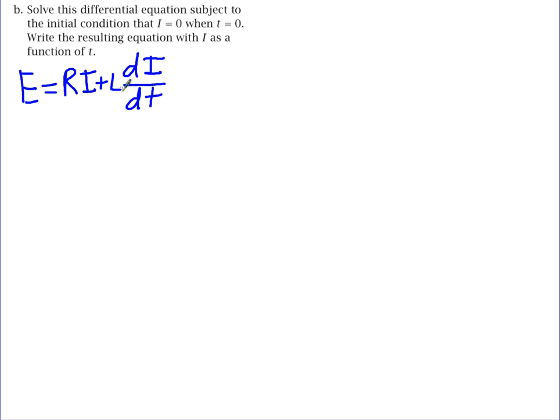Now we want to solve this, and the only tool we really have right now is separation of variables. So I'm going to take di to one side of the equation and dt to the other side. In order to do that, let's bring all these other terms over to one side so I can have di dt on one side by itself.